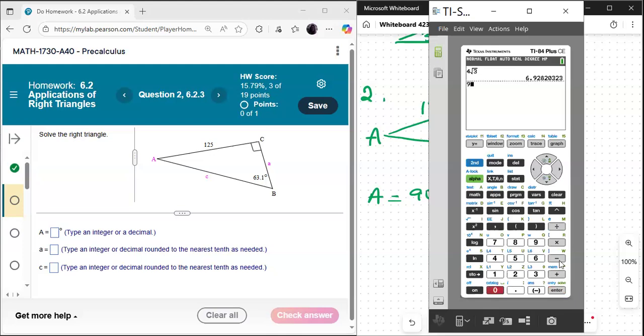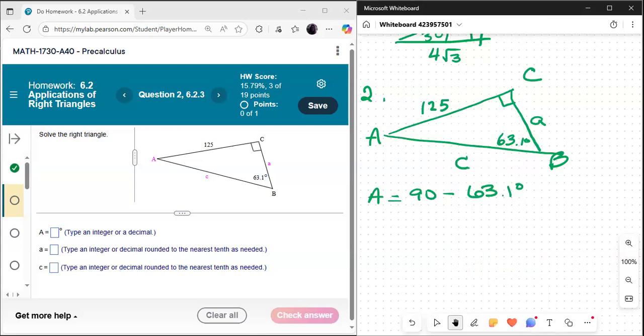So 90 minus 63.1 is 26.9. And then to find little a and little c, we can use one of the trig functions.